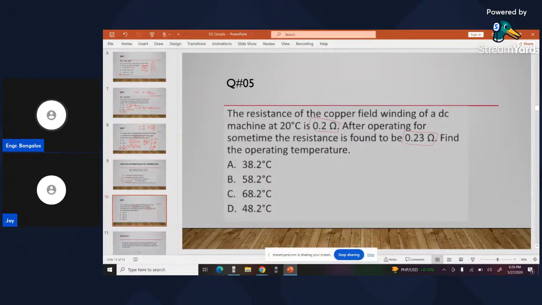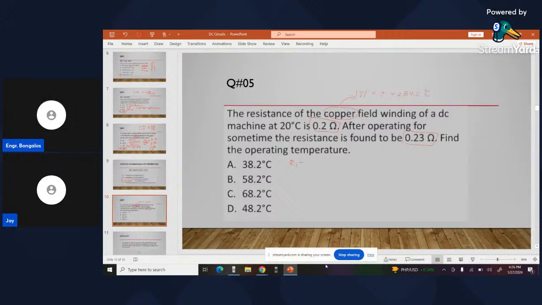So, sa case na 'to, sabi dito is copper. 'Pag pinag-usapan yung copper, ang inferred temperature niya, yung absolute T, is equal to 234.5 degrees Celsius. So, yan yung inferred temperature niya. So, sulat lang natin yung given.